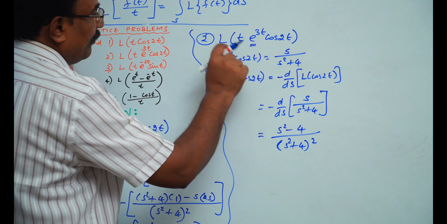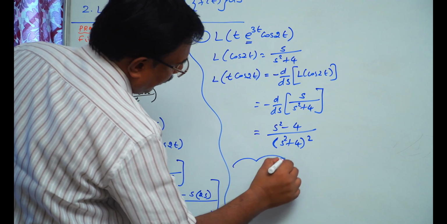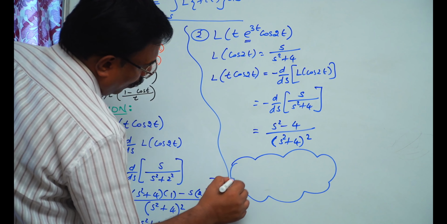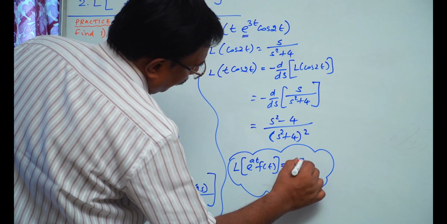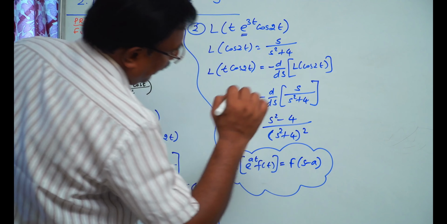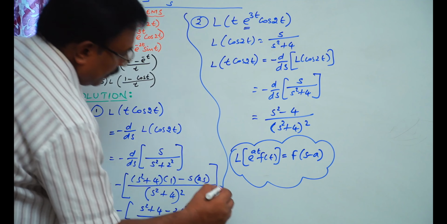Now, very importantly, this is the shifting theorem. I can write one rule here: Laplace of e power at f of t is equal to capital F of s minus a, where Laplace of f of t is F of s, as we know.